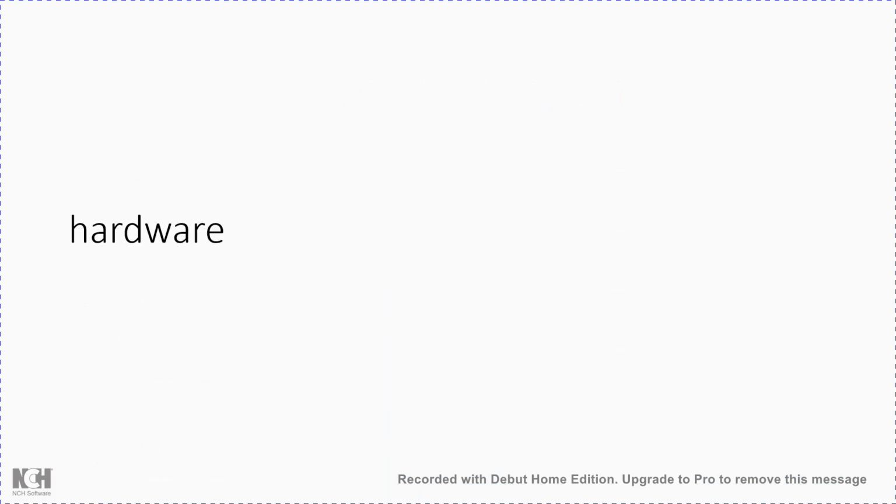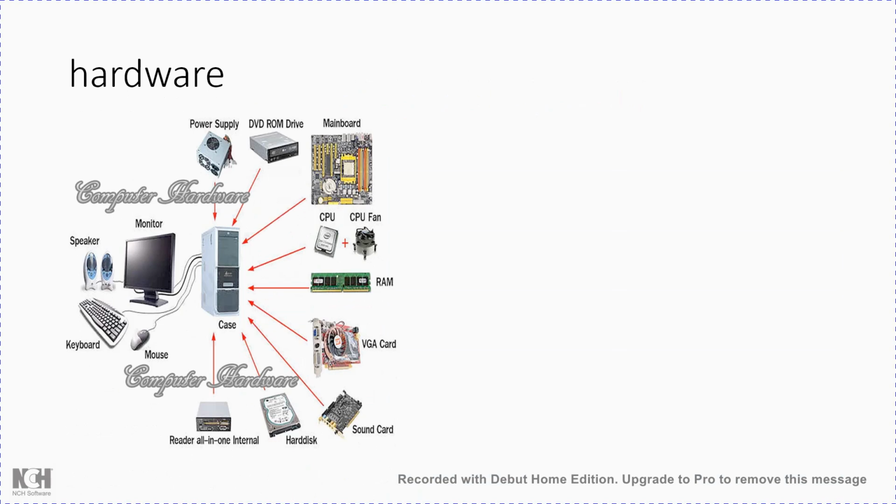Now hardware. The physical devices that make up the computer are called hardware. It's responsible for entering, storing, and processing the given data, and then displaying the output to the user.